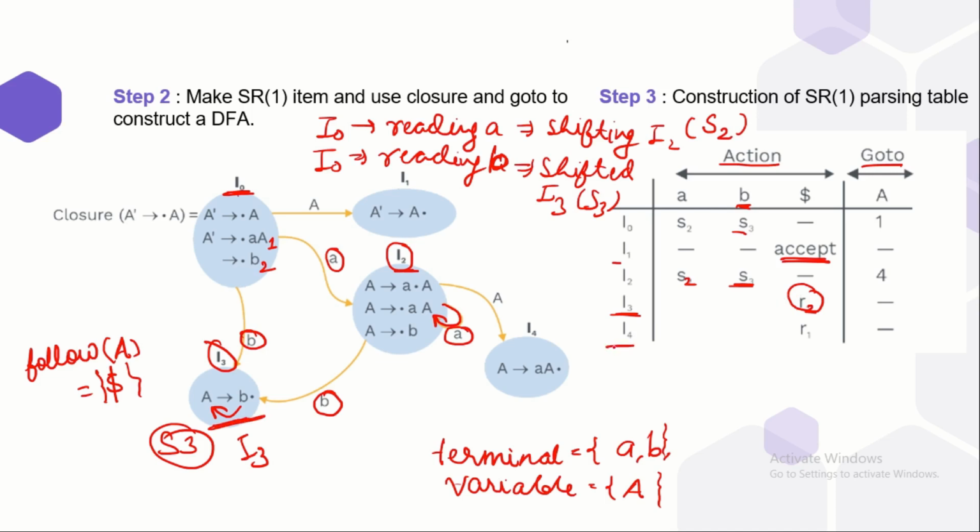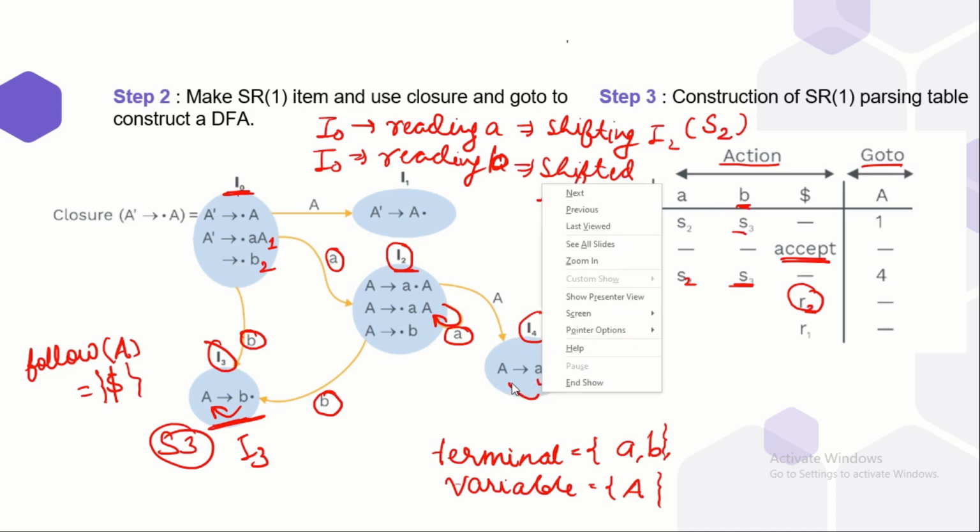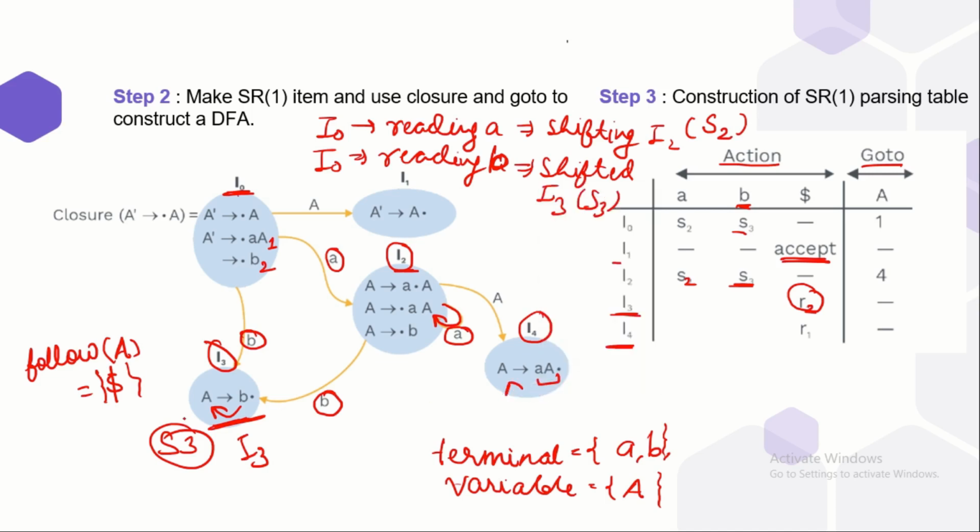Similarly, I4 is also a reduced state. Here you can see that this is completely reduced. So what we have to do is find the follow of this particular variable. We already found the follow of A, that was $. So we have to write the reduce move in follow, in dollar.